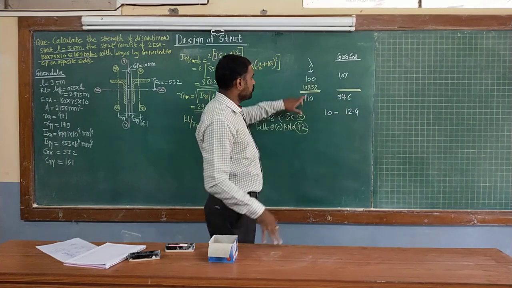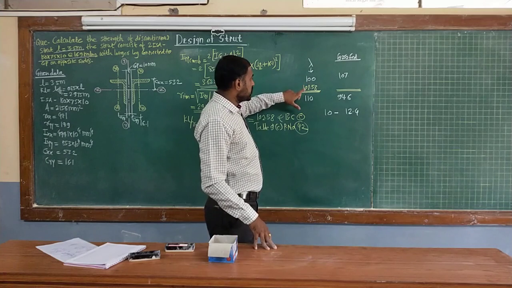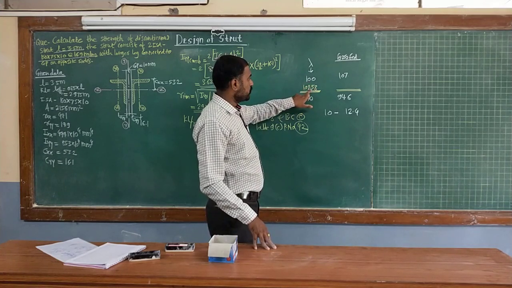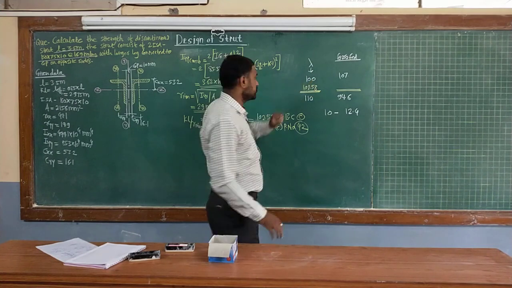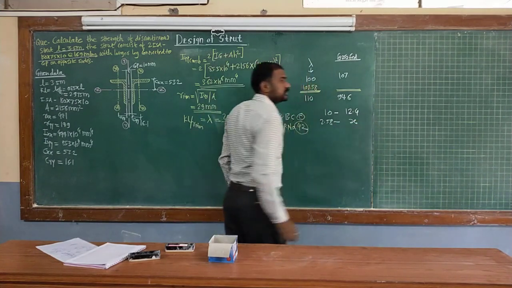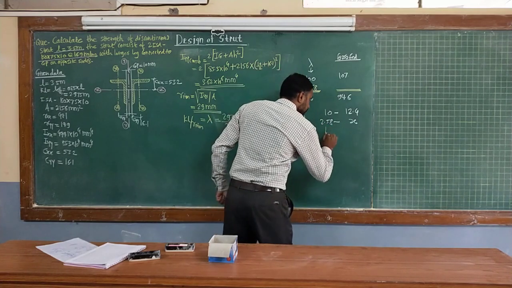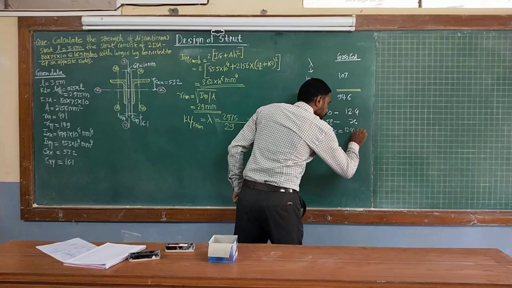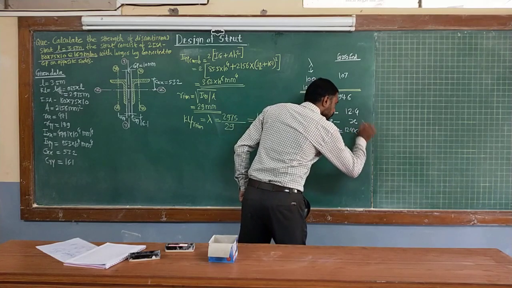Now you need to calculate for 102.58 minus 100, that is nothing but 2.58. For that, suppose x value is there, so cross multiply: 10 into x equals 12.4 into 2.58.